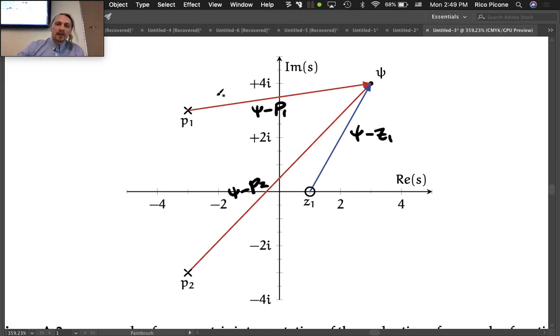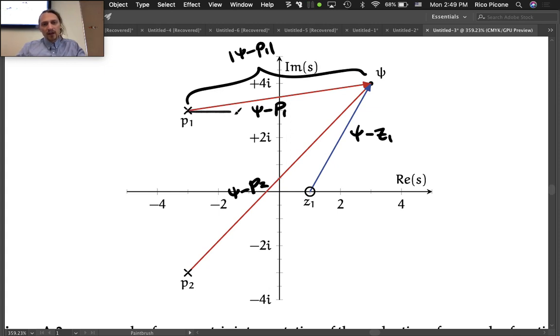The length of this is the magnitude of psi minus p1, and this angle, which is kind of hard to see, is the angle of psi minus p1.